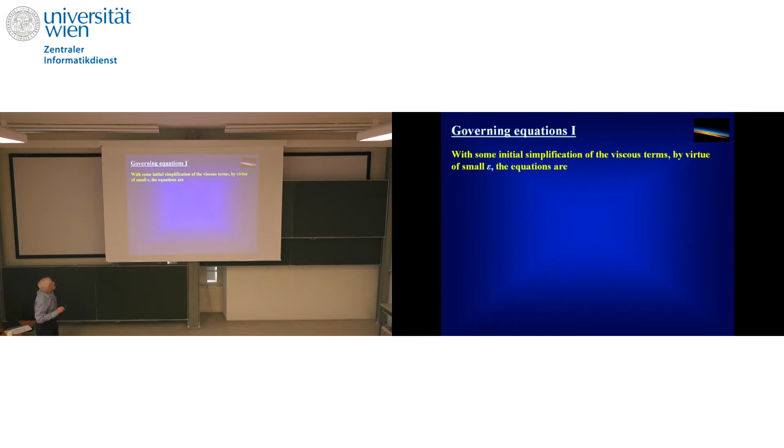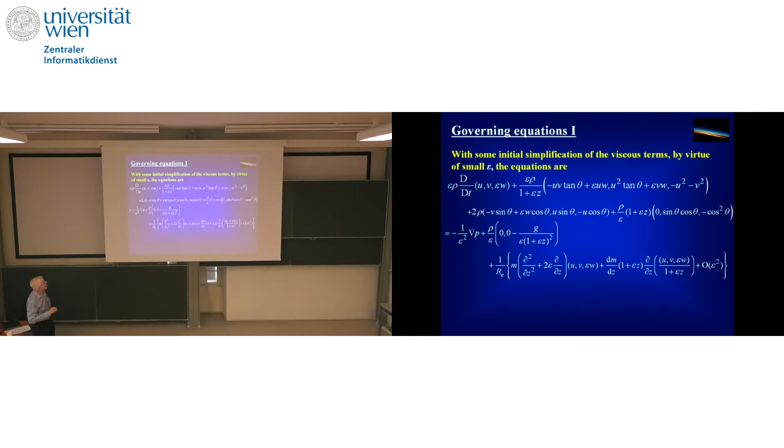Okay, so now I'll start writing some equations out for you. I avoided writing out the full Navier-Stokes. What I've done here is to apply the thin shell approximation in part. So I've applied it to the viscous term. I'll give you the definition of the parameters in just a moment.